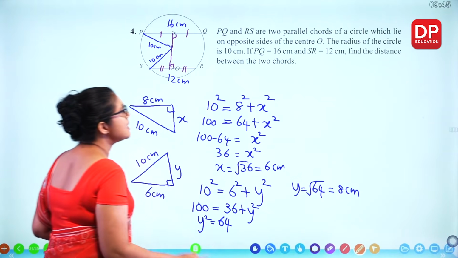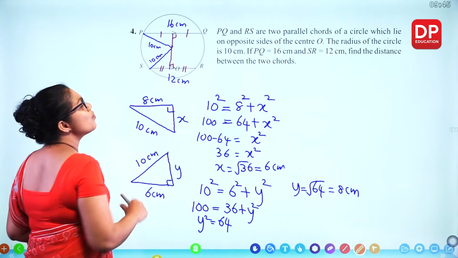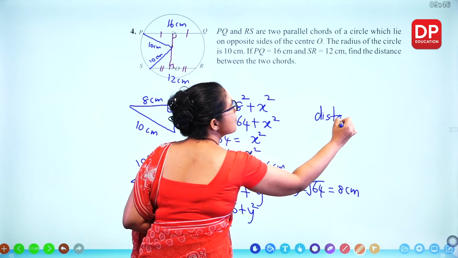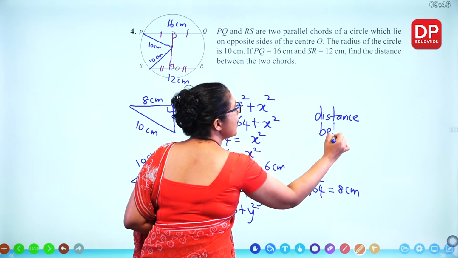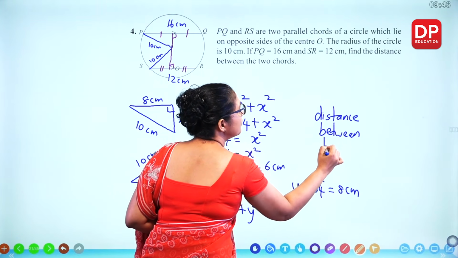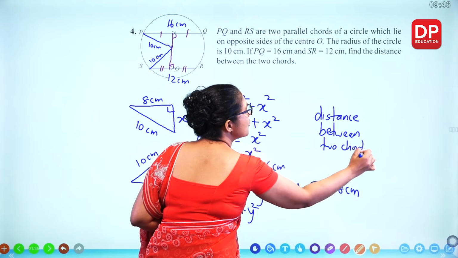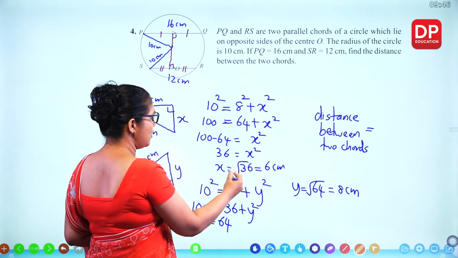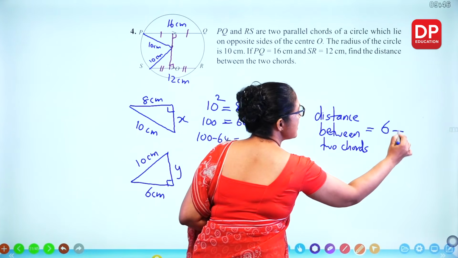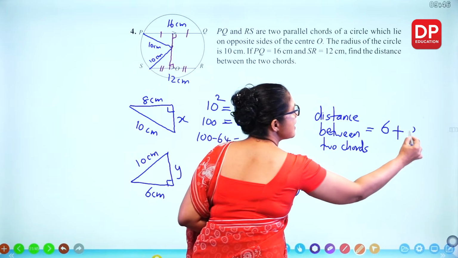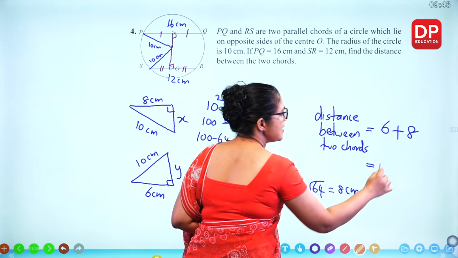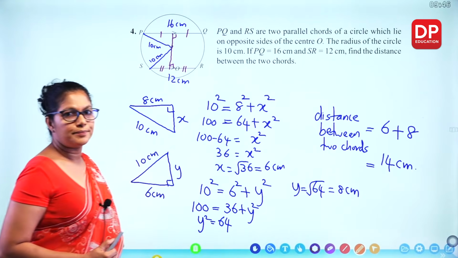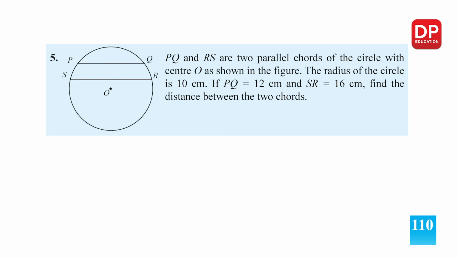So the distance between the two chords is x plus y. x is 6 centimeters and y is 8 centimeters, so the total distance is 14 centimeters. We'll see question number 5.